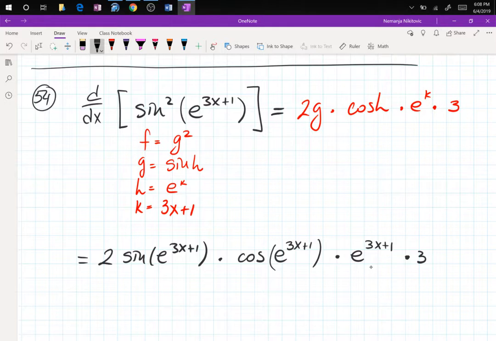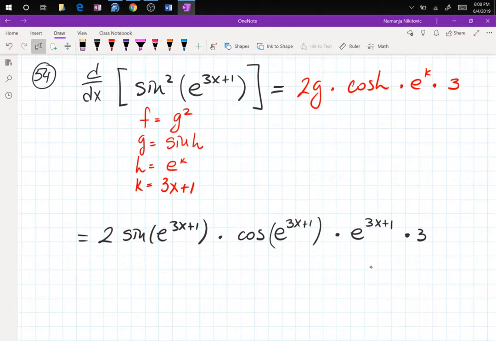You could write 6 times e times, but there's a much cooler way to simplify this problem. You might recall the sine 2x formula as 2 sine x cosine x.